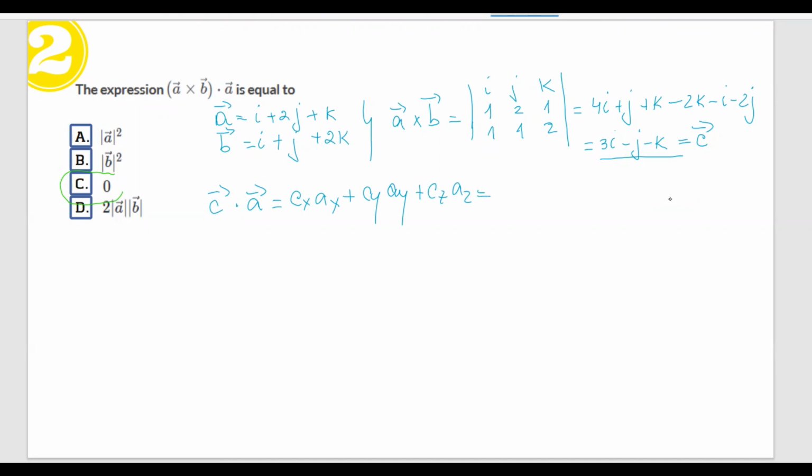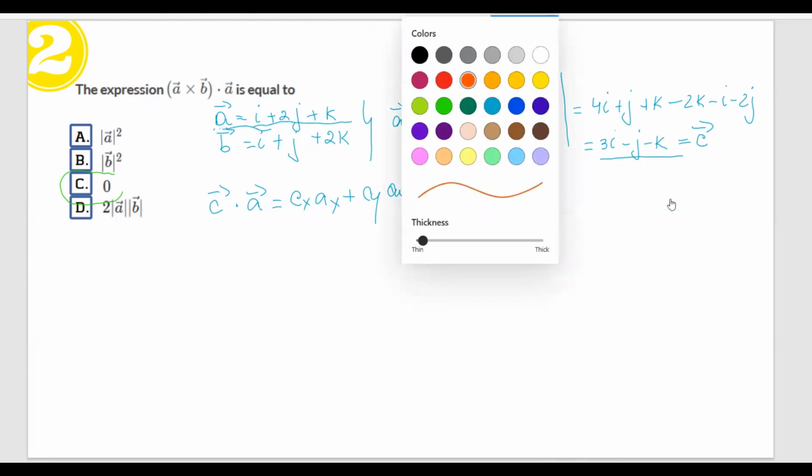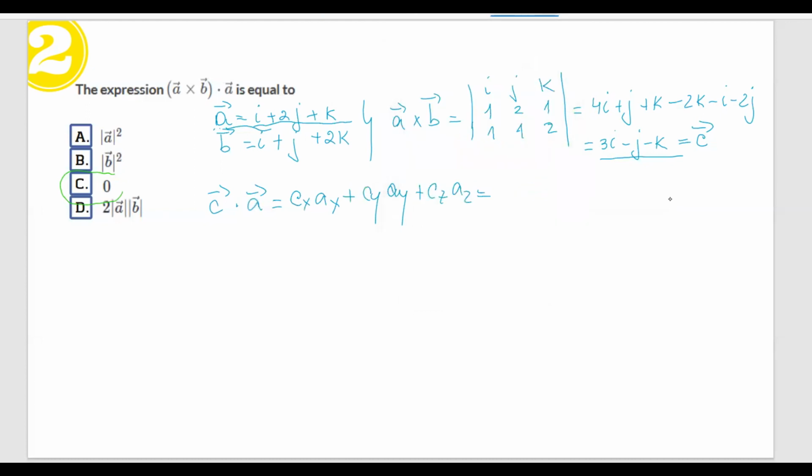So this is the A vector. So I'll have 1 times 3 is 3. 2 times minus 1 is minus 2. And 1 times minus 1 is minus 1. And I get 0, as I told you.